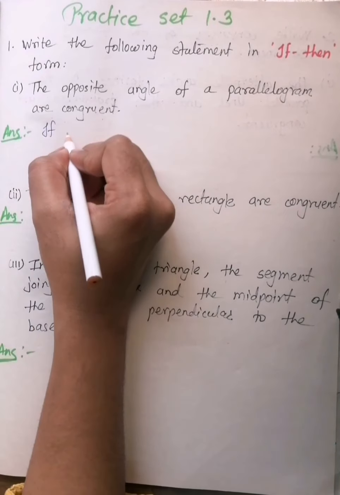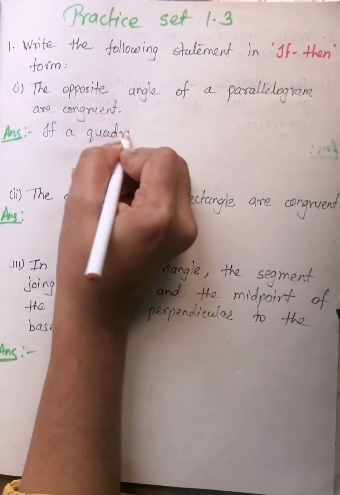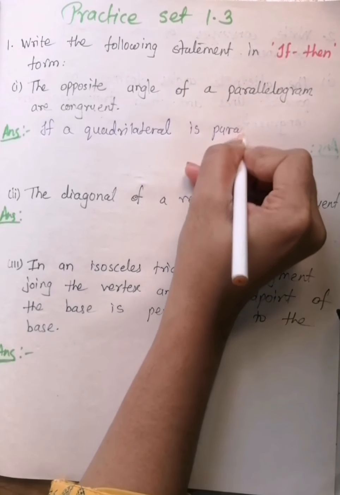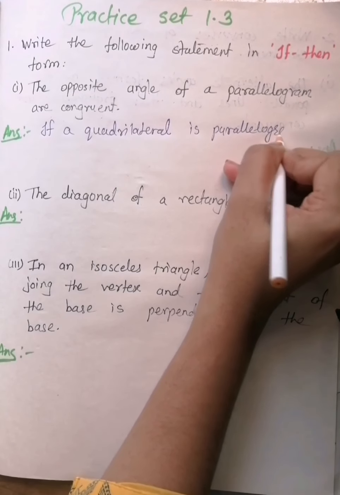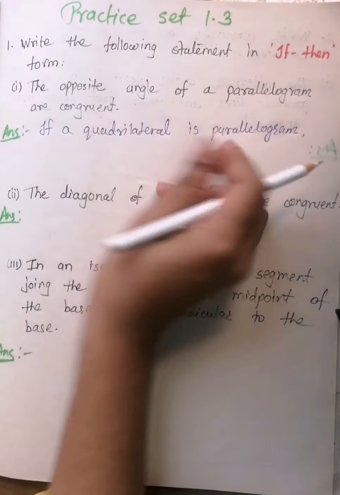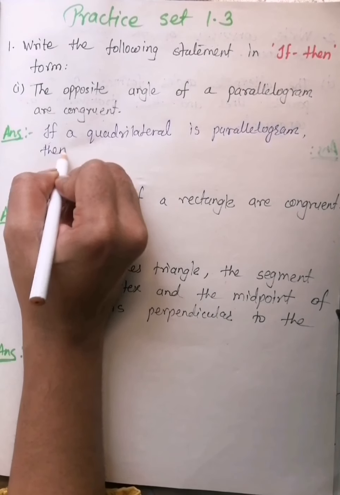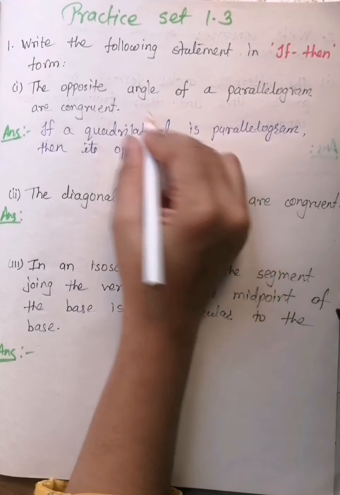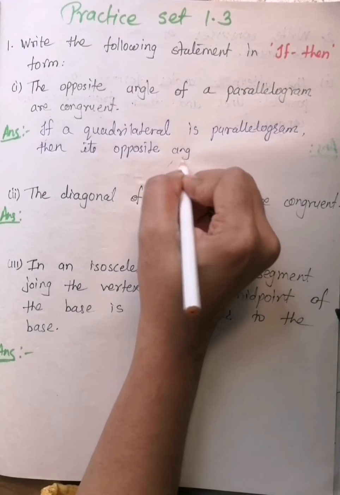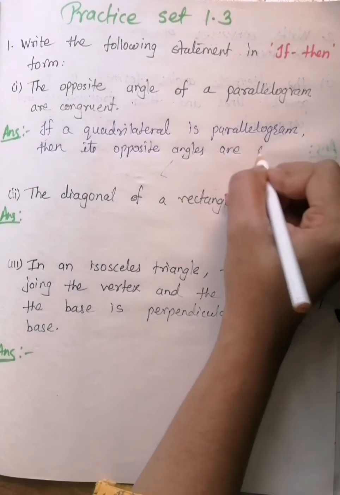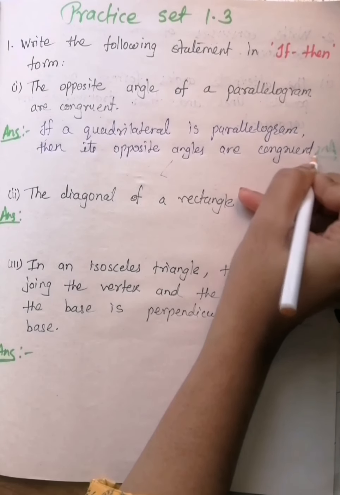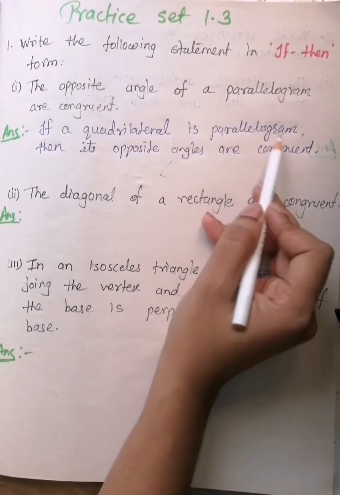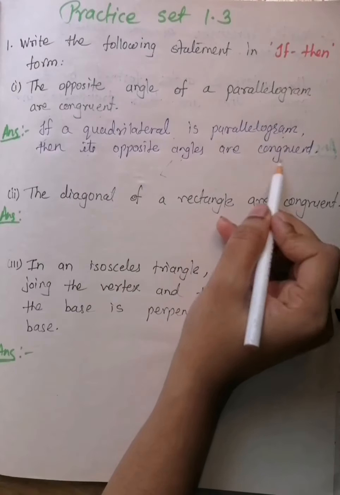So if a quadrilateral is a parallelogram, then its opposite angles are congruent. We know this property of a parallelogram.